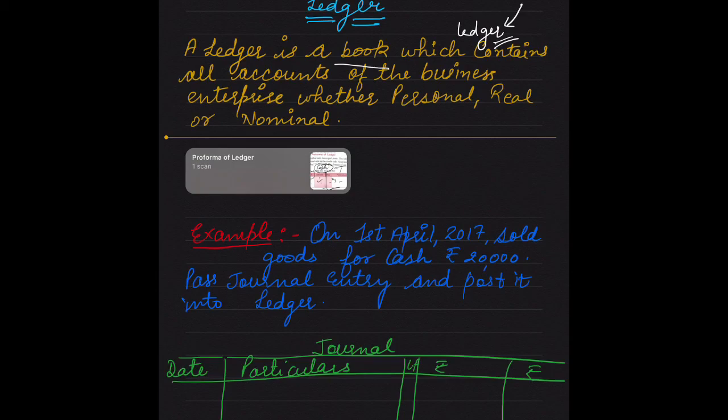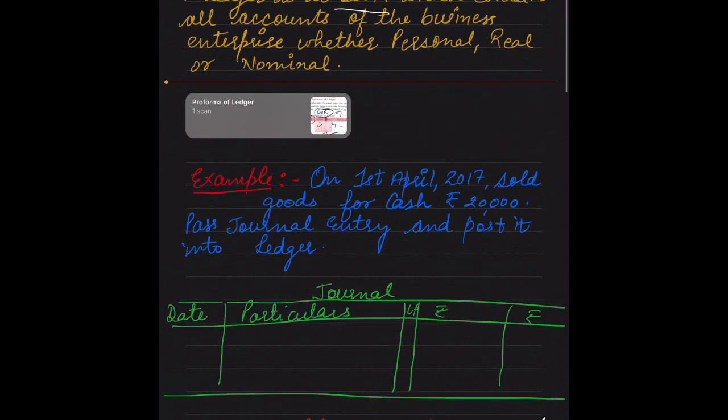For preparing the ledger accounts, you need to know how to pass a journal entry. In chapter 9 we already learned about passing the journal entry. If you know how to pass a journal entry, then it's very easy to post it into the ledger. So first we pass this transaction in the journal, and after that we will prepare the ledger accounts of that transaction.